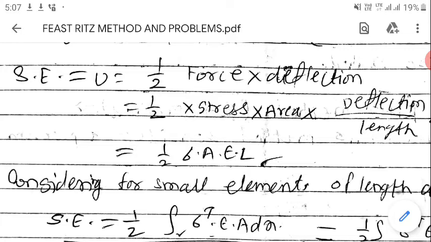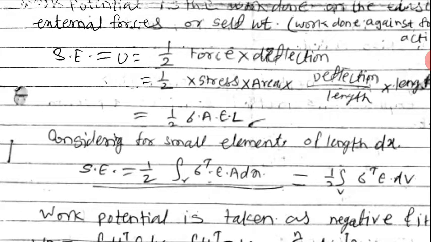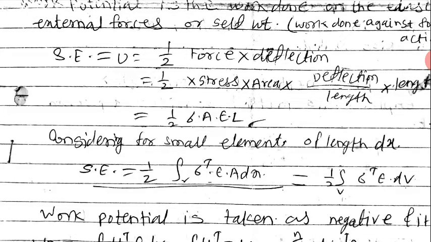So now considering a small element having the length dx, the strain energy will become an integration of half of sigma transpose E into dx, in the form of length.